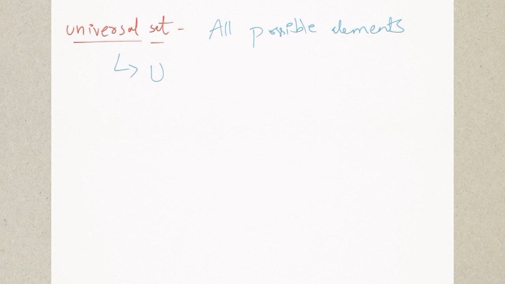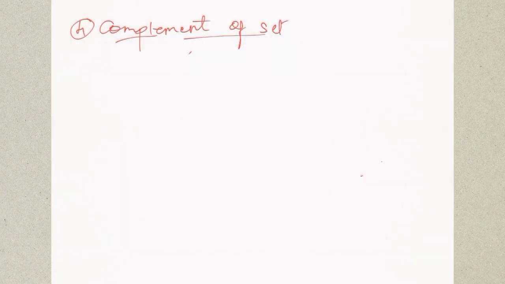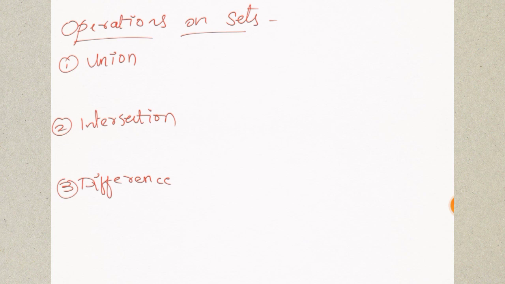Now we will see a few operations on sets. First you will see union, then intersection, difference, and we will see the complement of a set. Union is generally denoted with this symbol, it looks like U.